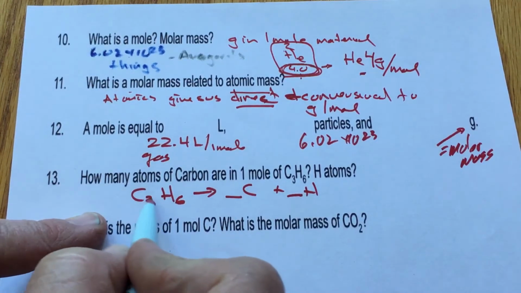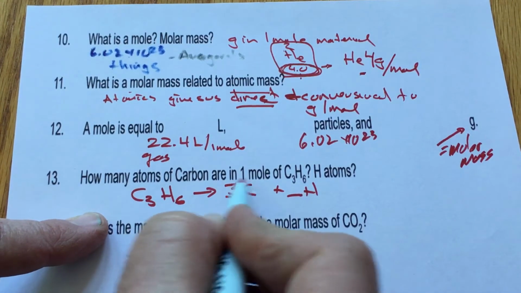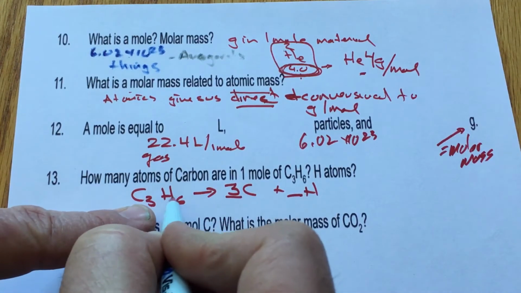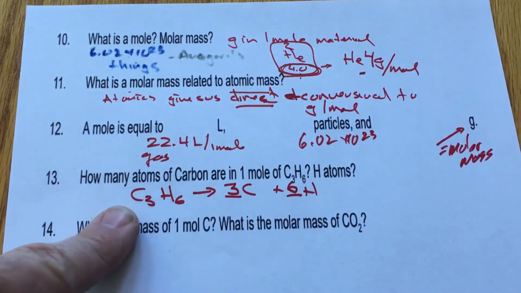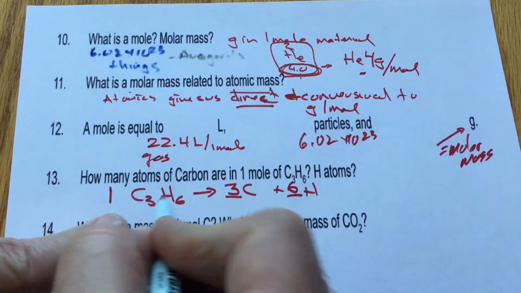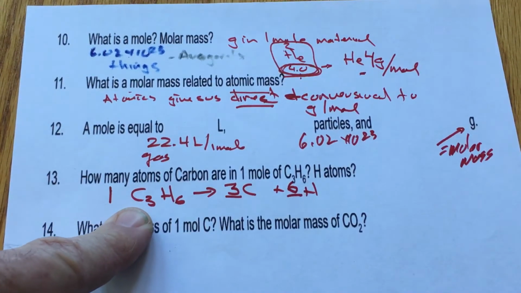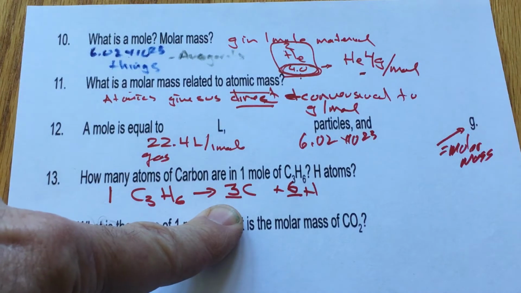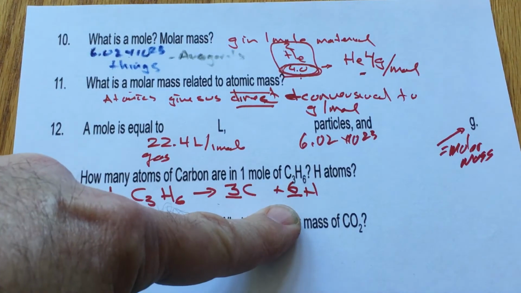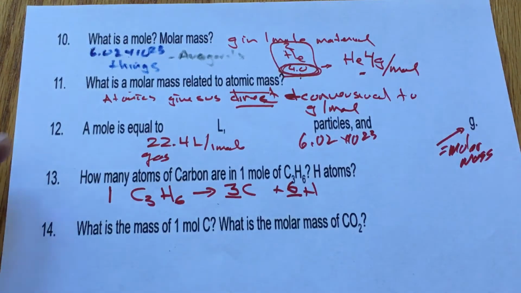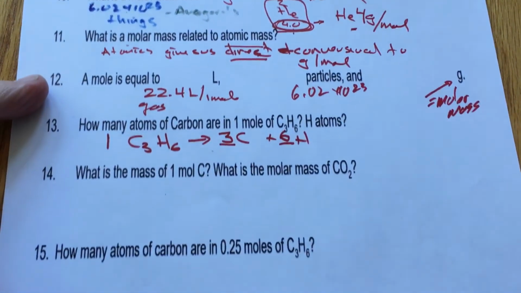Since we've got 3 carbons, there'd have to be 3 carbon atoms, and those hydrogens end up being there. So 1 mole of propane is made up of 3 moles of carbon and 3 moles of hydrogen. I know, you're kind of like, oh, that's kind of easy.